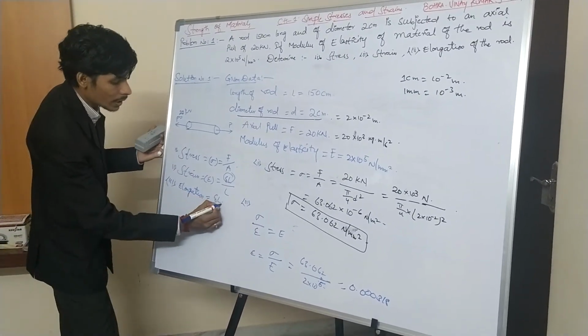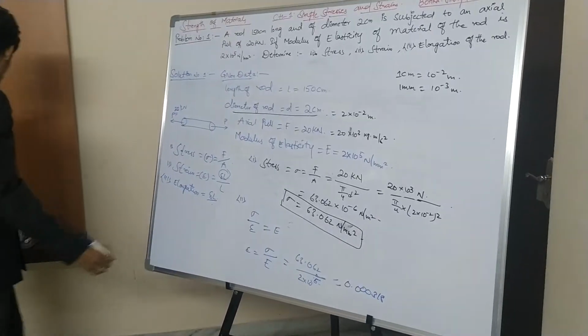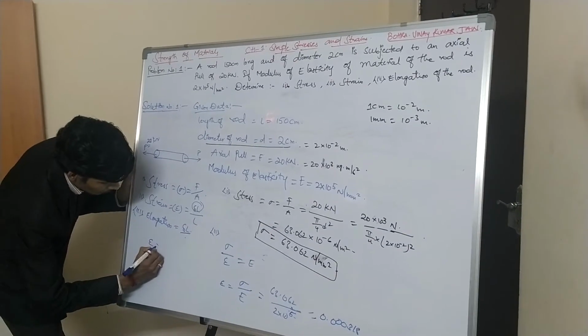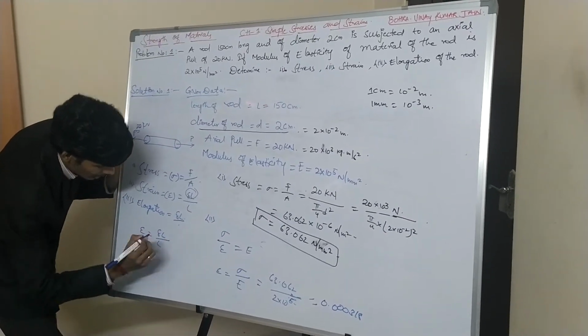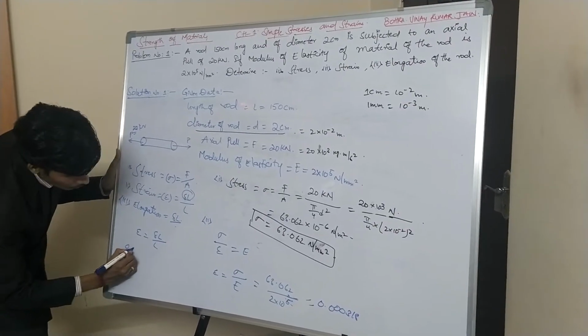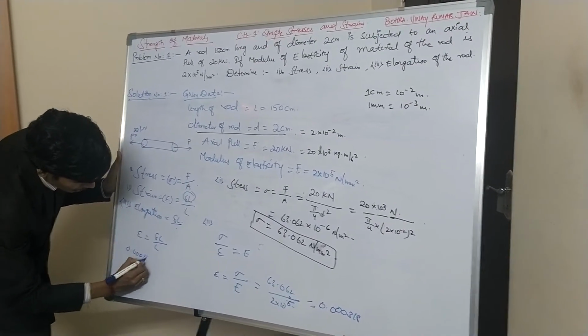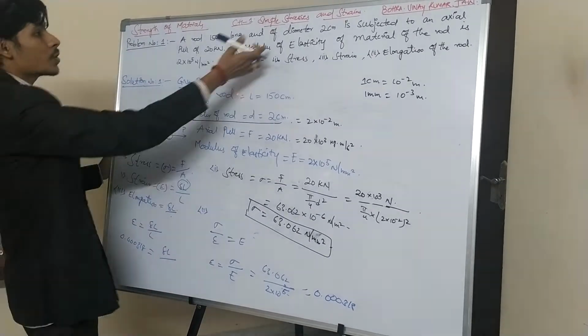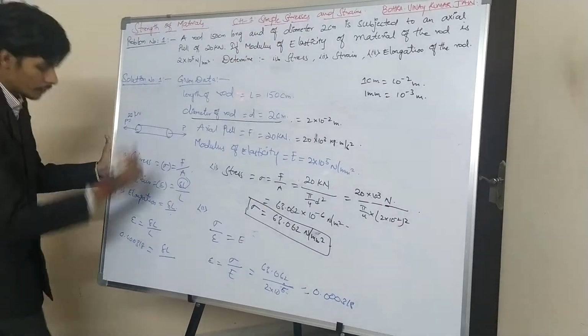Now what is the third quantity? We need to calculate the elongation. What is strain? Change in length by original length. Substitute the strain value, 0.000318 equals change in length by the original length, which is 150 centimeter.